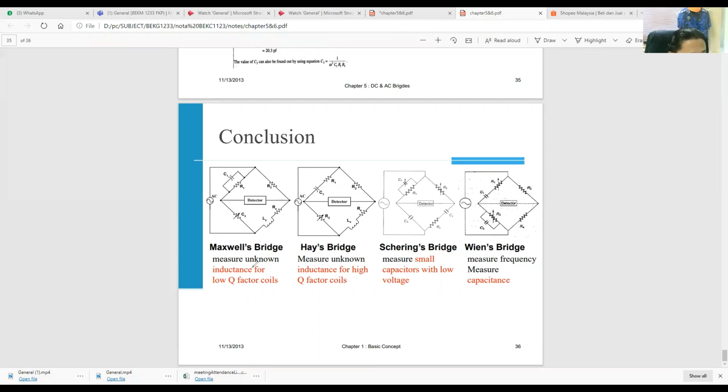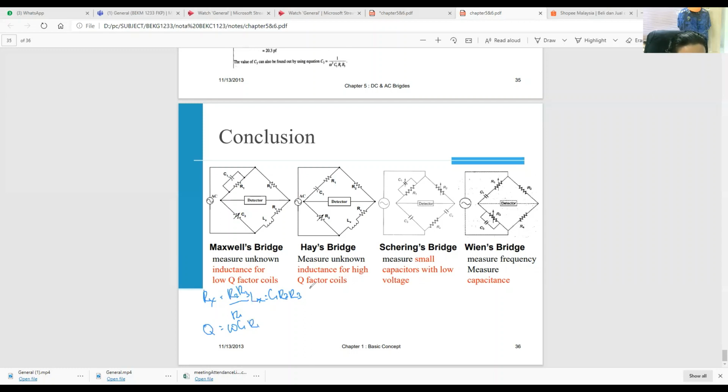For example, for Rx from Maxwell, you have to find Rx equals R2 multiplied by R3 divided by R1. Then Lx equals C1 multiplied by R2 multiplied by R3, and to calculate the Q, Q equals omega C1 R1. That is the formula for Maxwell. You have to remember it.